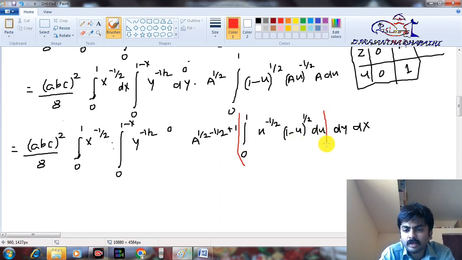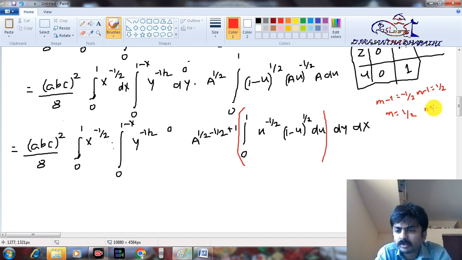The value of this will be beta of m, n, that is integral of x power m minus 1 into 1 minus x power n minus 1 dx. So m minus 1 equal to minus 1 by 2 and n minus 1 equal to 1 by 2. m equal to 1 by 2, n equal to 3 by 2.